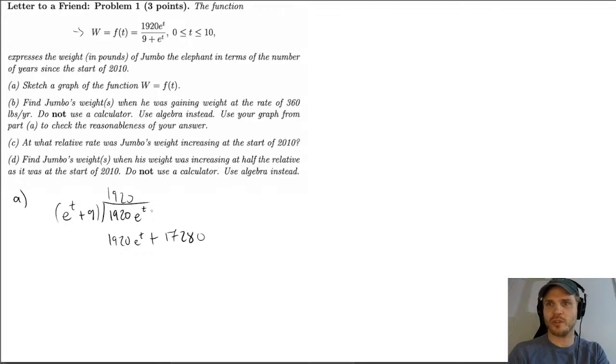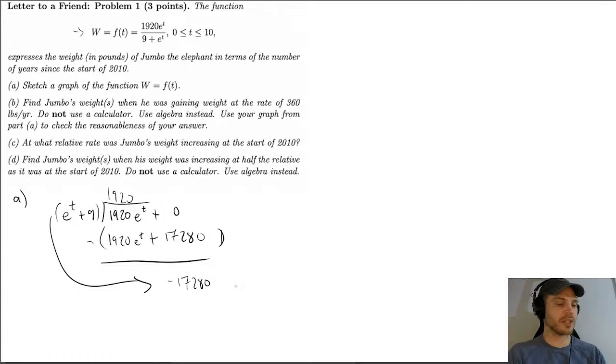And then, this is plus 0. So we subtract this thing. 1920 e to the t minus 1920 e to the t is 0. And then 0 minus 17,280 is negative 17,280. And that is our remainder, because this doesn't evenly divide that.